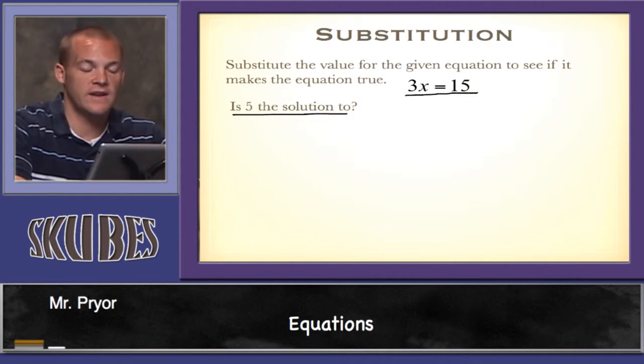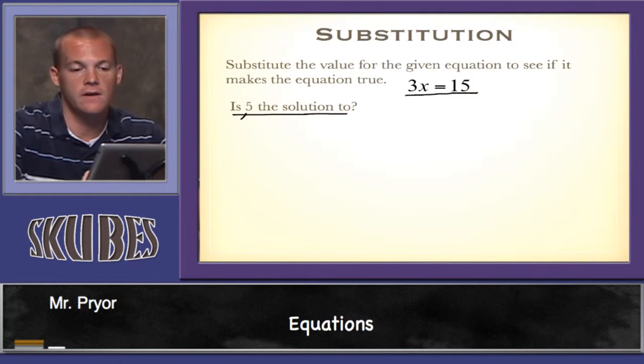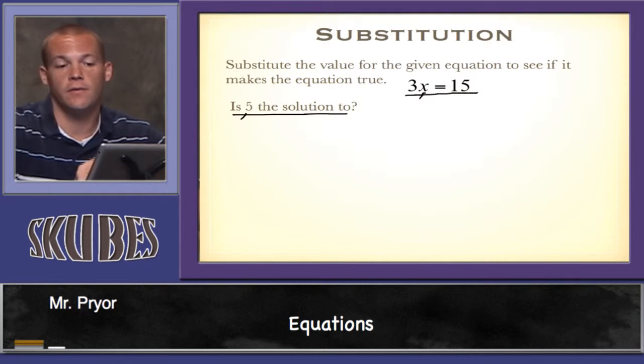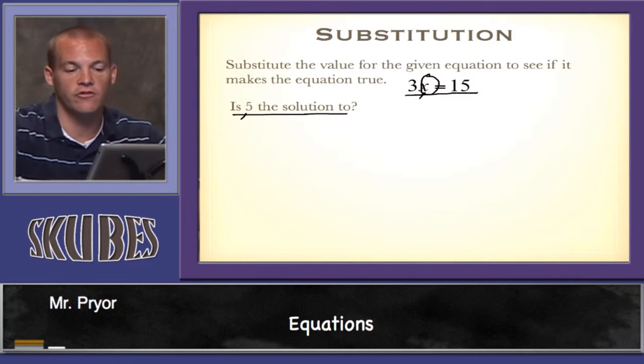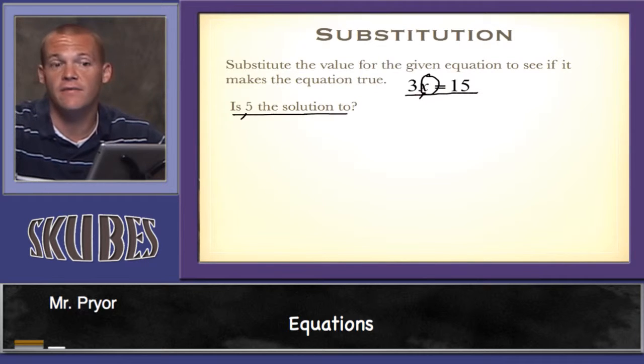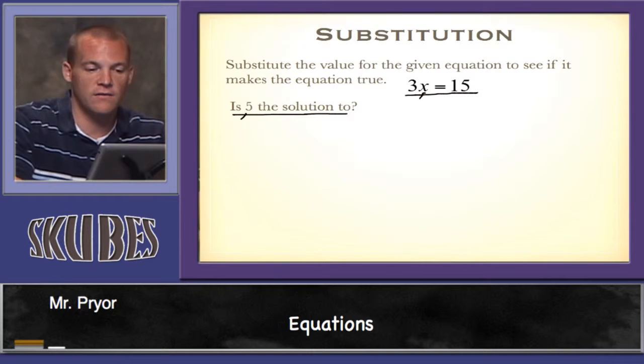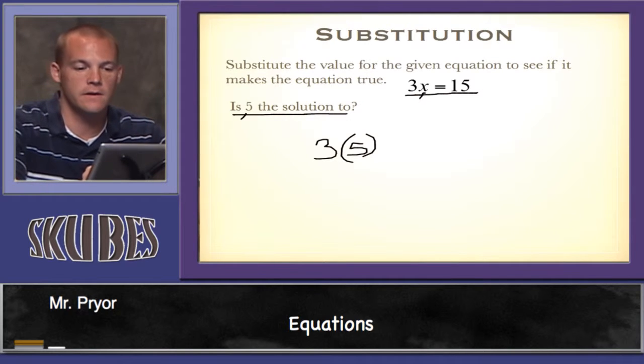So what you will do is take 5 in this case, which is right here, and substitute it in for your variable. Now this means 3 times x. This portion of your equation right there means 3 times x. You can't just put the 5 there and say 35. That's not how this works. You have to actually take the 5 and substitute it into the problem. I recommend using parentheses as I've done here.